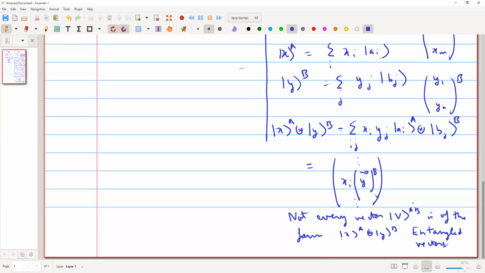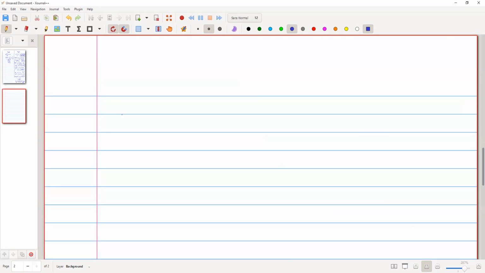Okay, so now we'll start some new stuff. In fact, I'll again remind you of a famous example of a tensor product space and an entangled vector. So I'll take C2 tensor C2. This is the two-dimensional space of complex numbers.